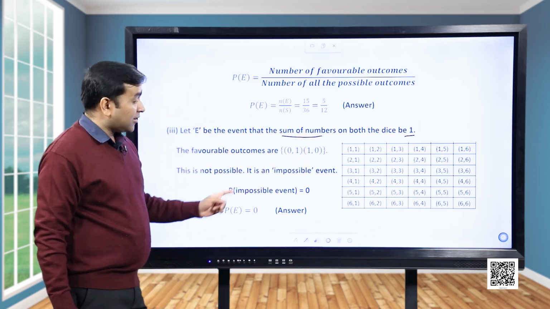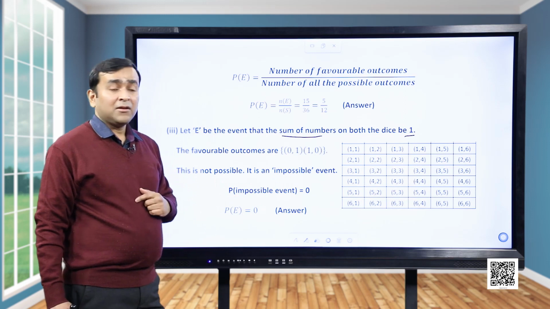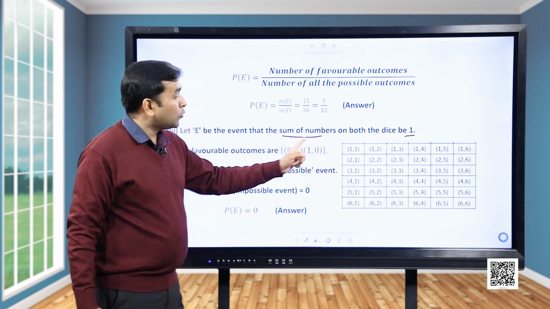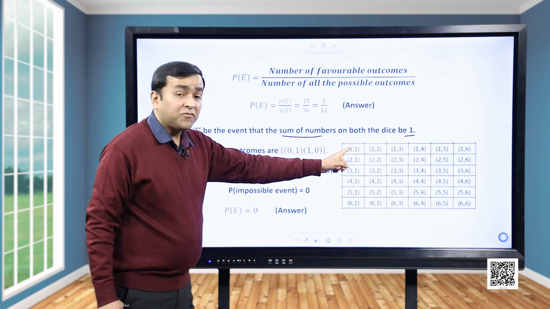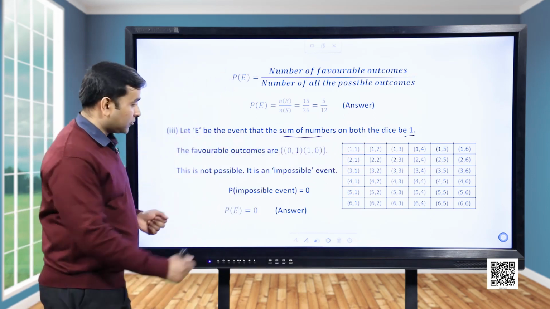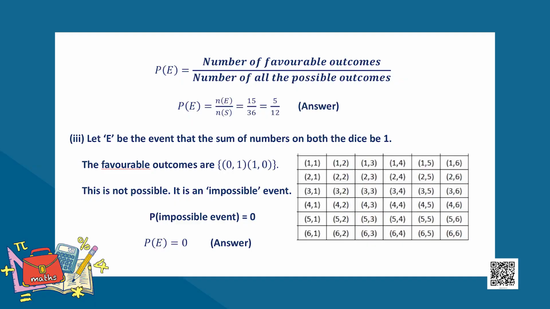So this is a case of impossible event. We cannot find any outcome wherein the sum of digits is 1. It has to be greater than 1. So what is the probability of an impossible event? This is 0, and so 0 is our answer. Isn't this very easy? Let us move to the next question.